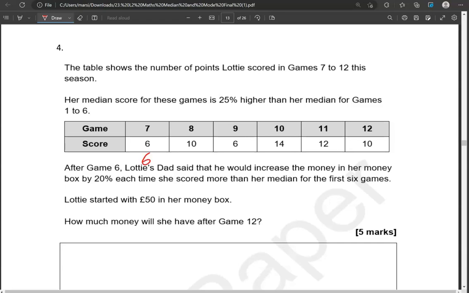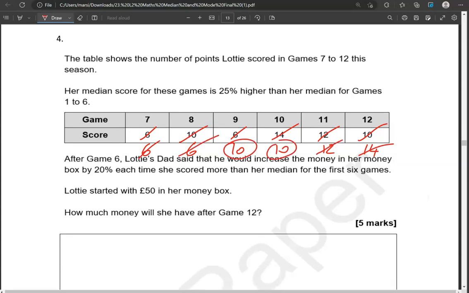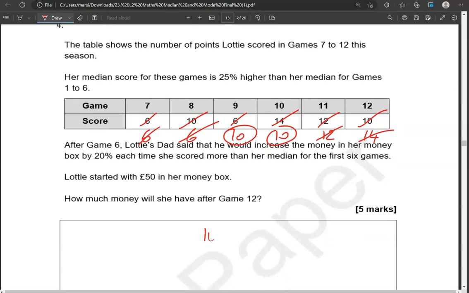So 6 is the smallest number, then we have another 6, then we have 10, and another 10, 12, 14. So crossing this out, we get 2 in the middle, 10 and 10, which is 20 divided by 2 gives us 10. So the median for the games 7 to 12 is 10.